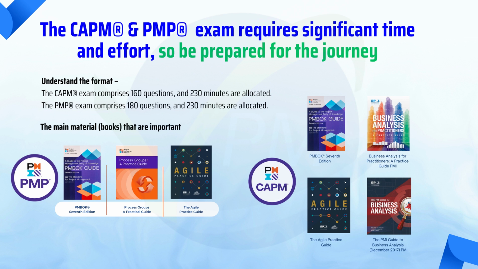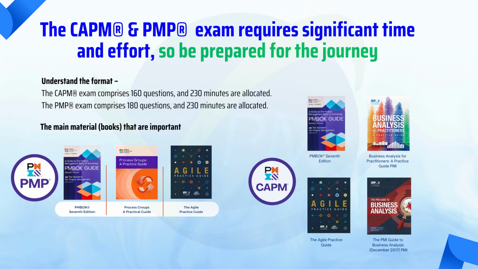In terms of the main materials and books for the PMP exam, we've got the PMBOK 7th edition. In this book, you will see the principles, the practices, and the various project management techniques. But don't spend too much time reviewing the book, as the exam focuses a lot more on the Agile, predictive, and hybrid models.